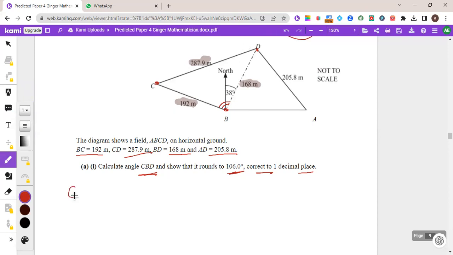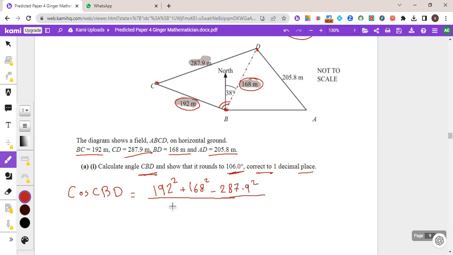So cosine CBD equals, you take the two sides which the angle is included between them, squared, over 2 times 192 times 168.